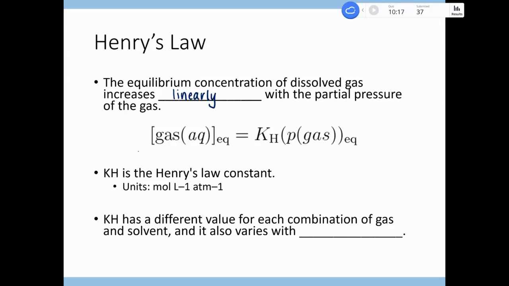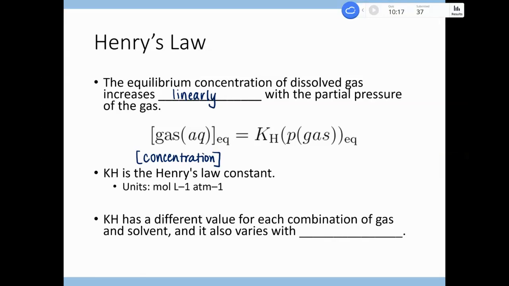On the left side, these brackets indicate concentration. So the concentration of the gas in aqueous solution at equilibrium is equal to Henry's law constant, we'll talk about it in a second, times the partial pressure of the gas.